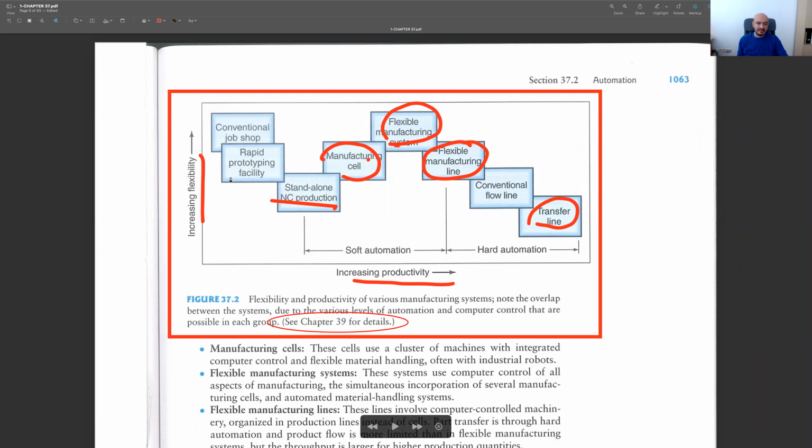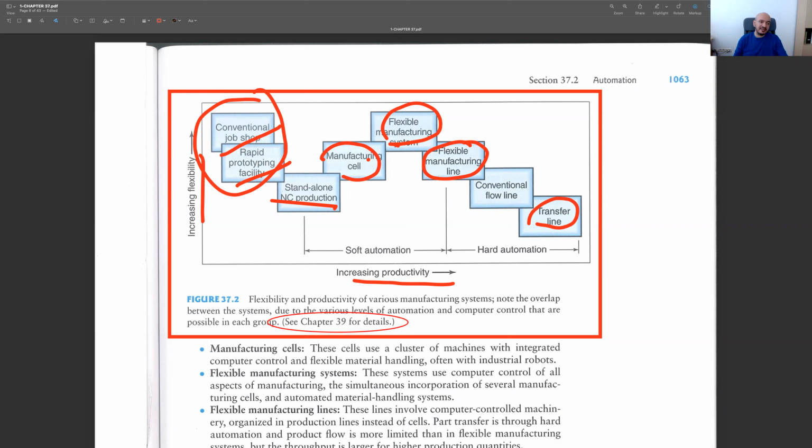Then we have the less productive systems, conventional job shop systems and rapid prototyping facilities. In this one, we have some printers or other specific equipment to produce the parts in a shorter time. And obviously, their flexibilities are higher, since in the conventional job shop system, you have different types of machines. You can easily produce any complicated part.